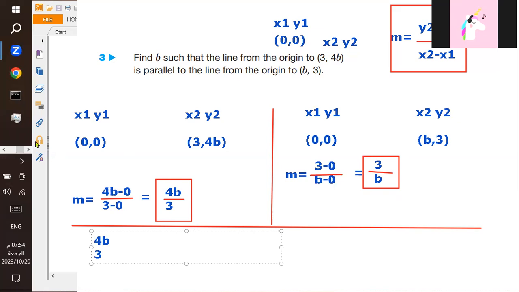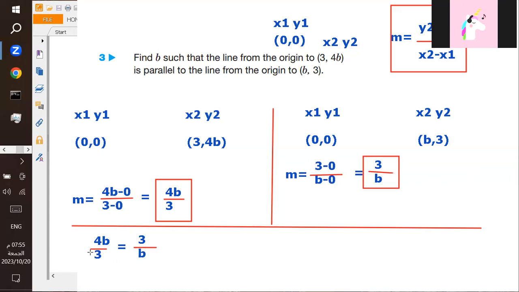I know they are equal, so I put them next to each other like this.